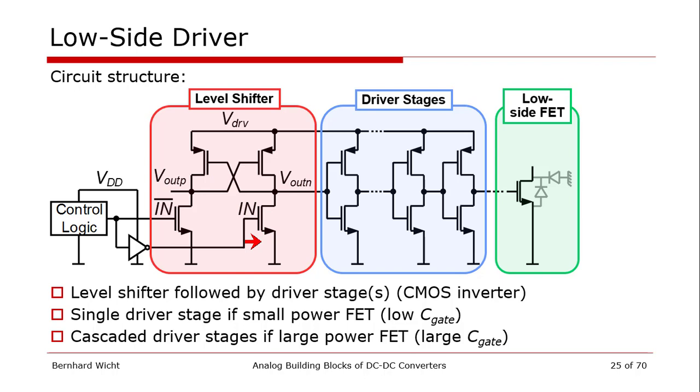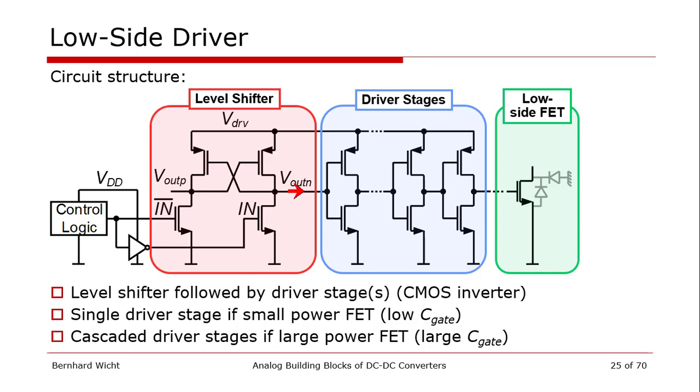So let's assume we turn the input signal here to 1. That turns on the N device here and pulls down the V out N voltage. In turn, we turn on the other side here this PMOS, and we pull up V out P. So we have complementary outputs, and we just use the V out N, which is in our example pulled to ground, to 0.